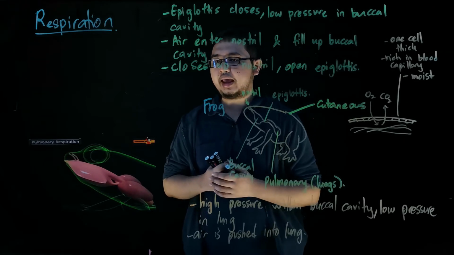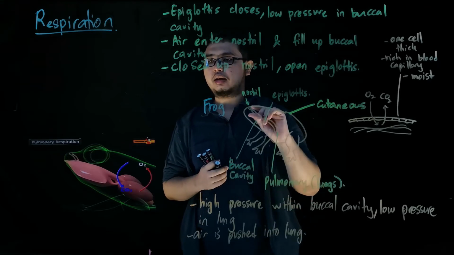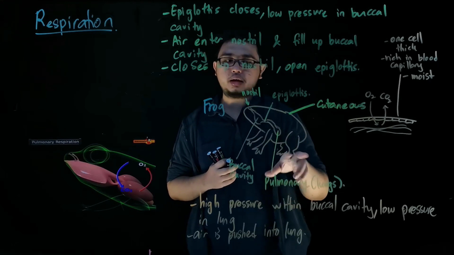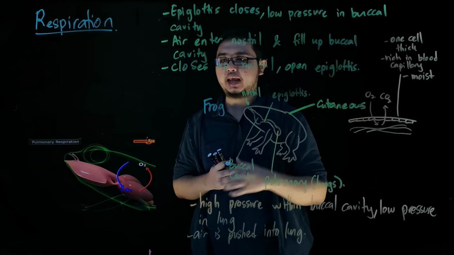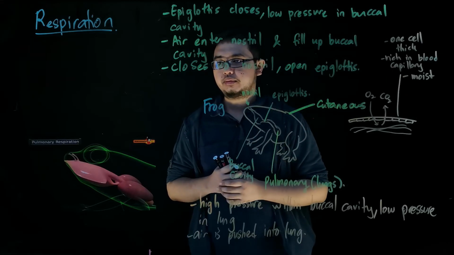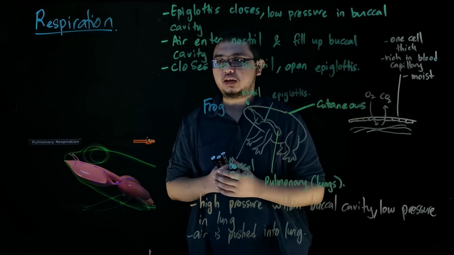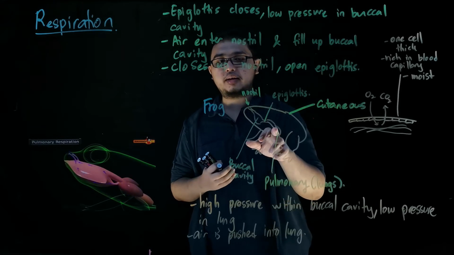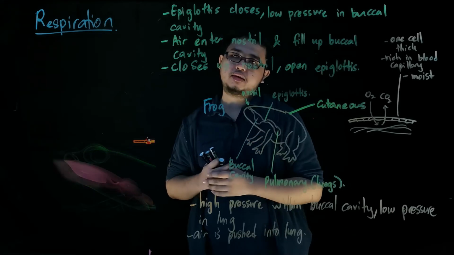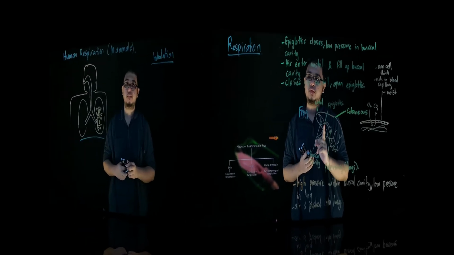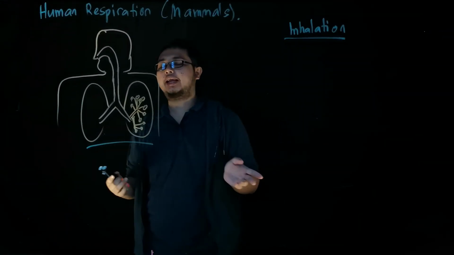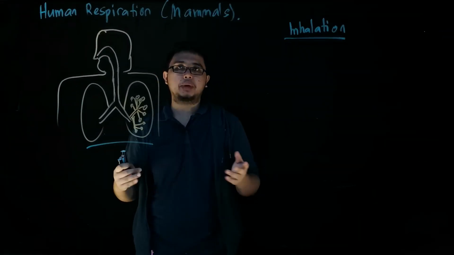And this epiglottis acts as a sphincter that closes and opens the passage between the buccal cavity and the lungs. Gaseous exchange takes place in the lung, and then the air re-enters the buccal cavity and exits from the nose. Alright, now we're going to take a look at human respiration, or mammals.